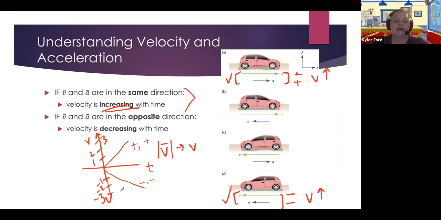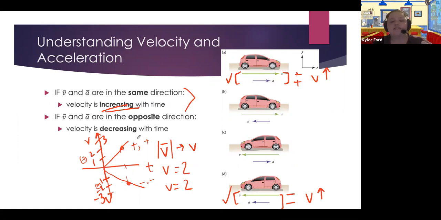When I take the magnitude, if I'm looking at this point here versus this point at the same time, the magnitude of V here is 2, and my magnitude on this side is still 2. Remember, these positive and negative signs are really just telling you the direction.